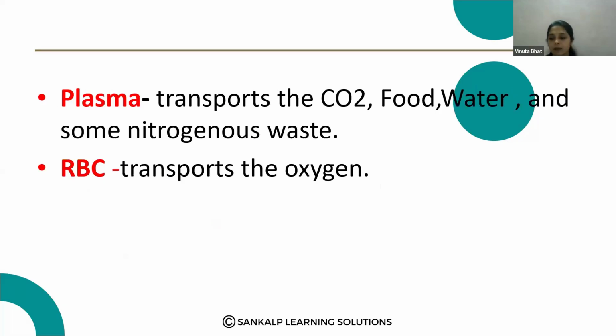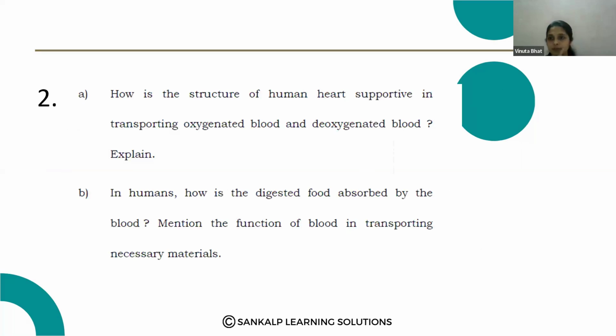Then here, plasma transports the carbon dioxide, food, water, and some nitrogenous waste, mainly food and water. RBC transports the oxygen. Okay, so important question. Please note down the question.